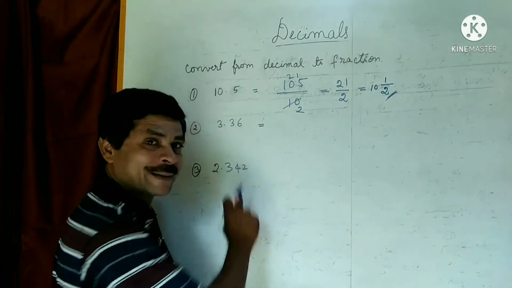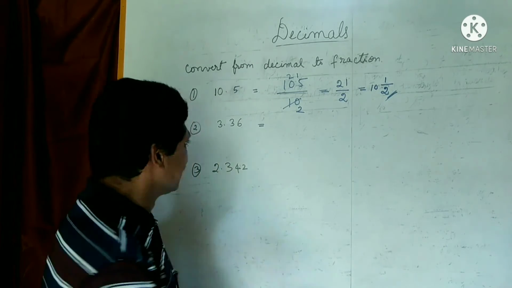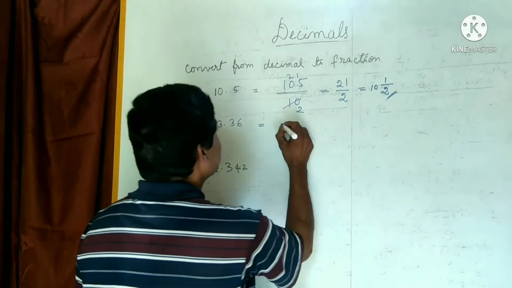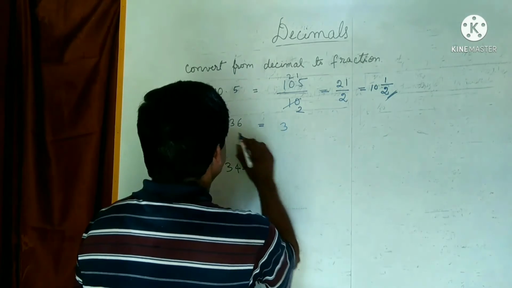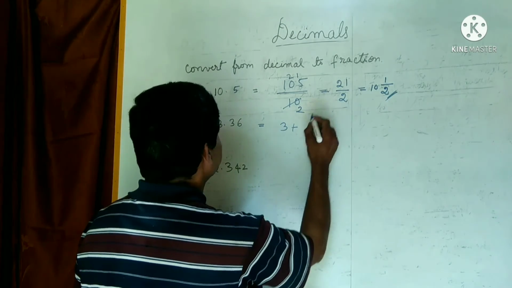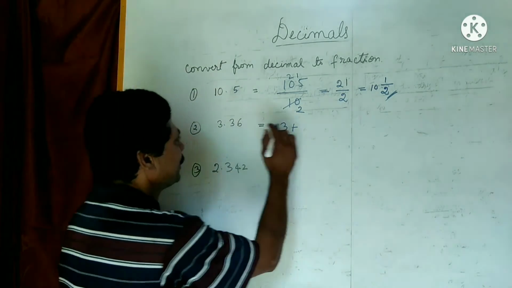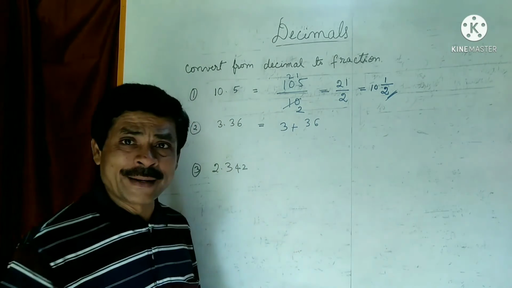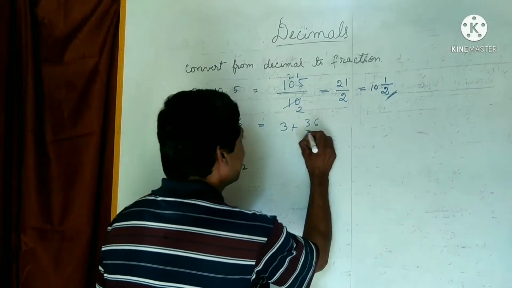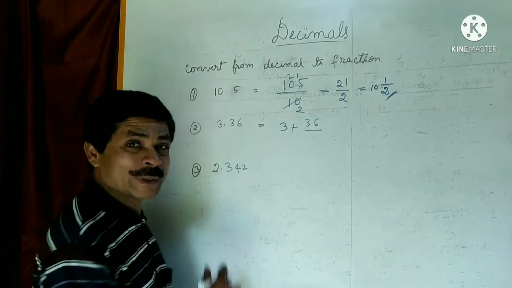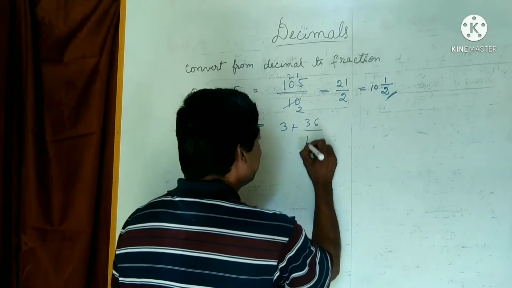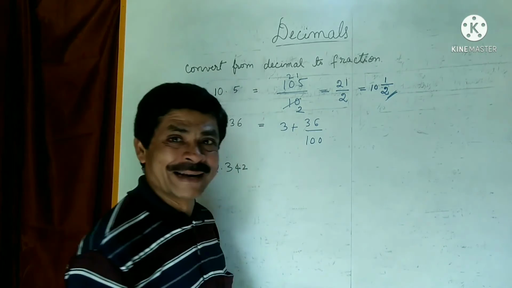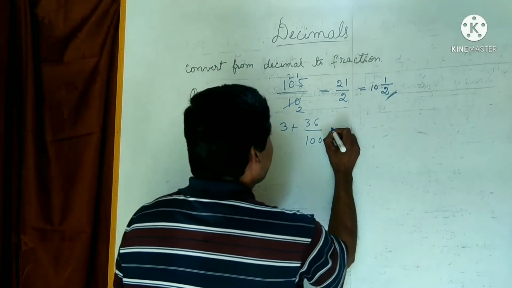Next, 3.36. This we can write as 3 plus 36, we will remove the decimal point, and after the decimal point there are 2 digits, so we will write 100 in the denominator.